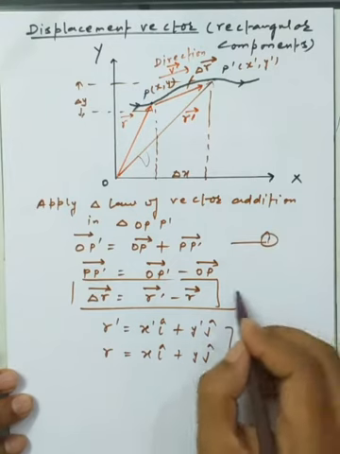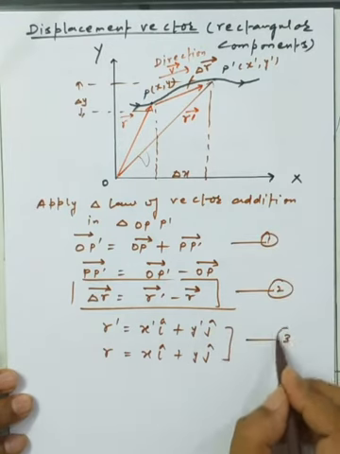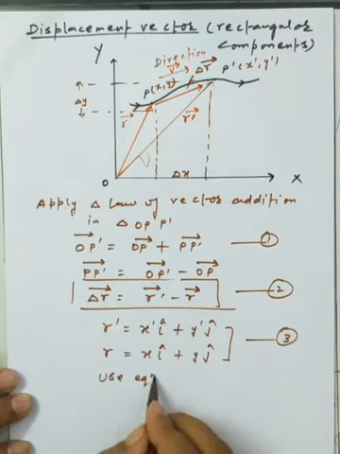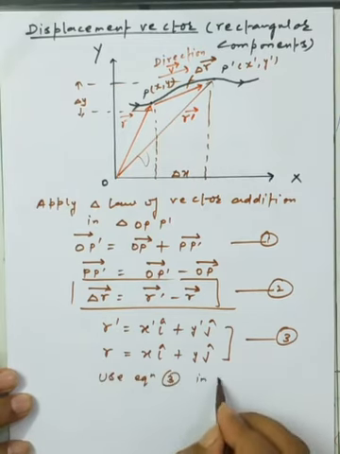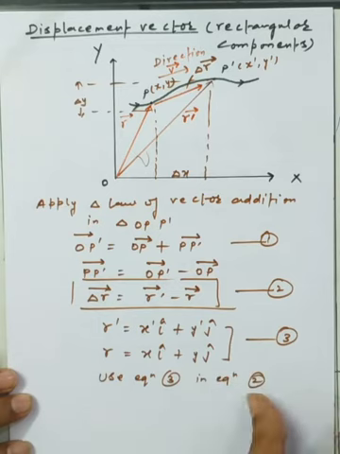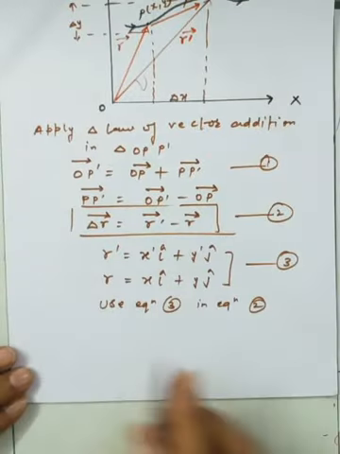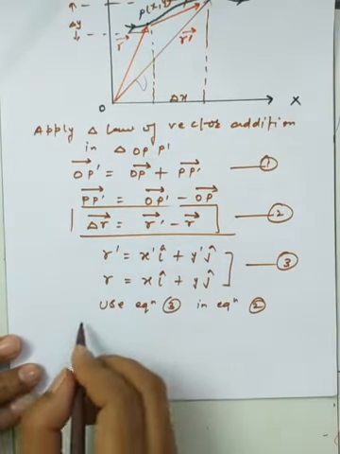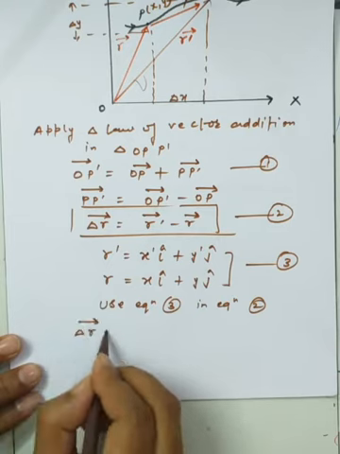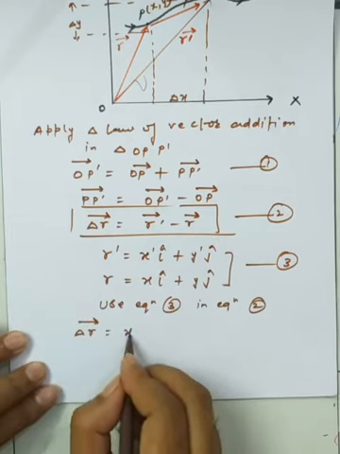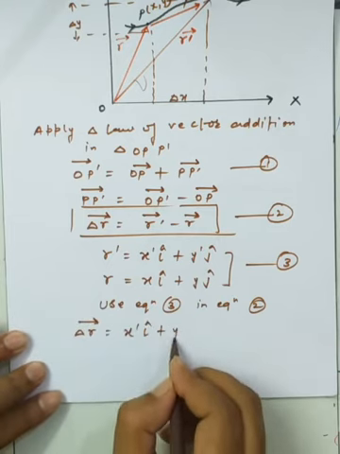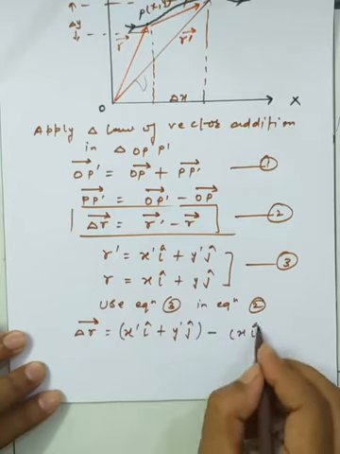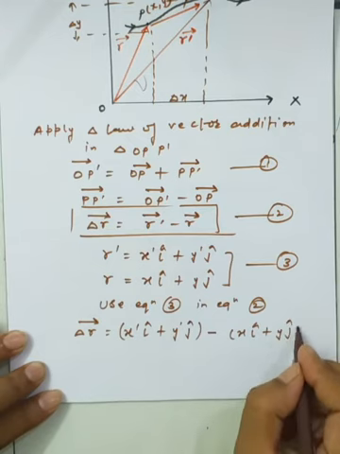This is equation number 1, equation number 2 and equation number 3. Use equation 3 in equation number 2. These are the general methods to represent the rectangular components of a particular vector. So delta r can be stated as x dash i cap plus y dash j cap, minus x i cap plus y j cap.